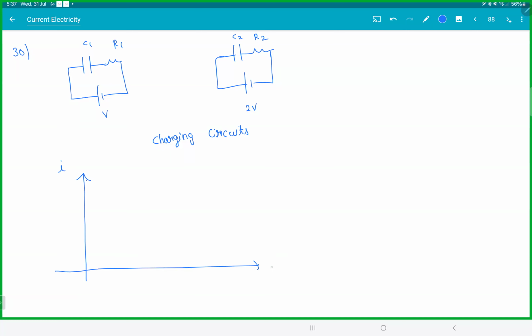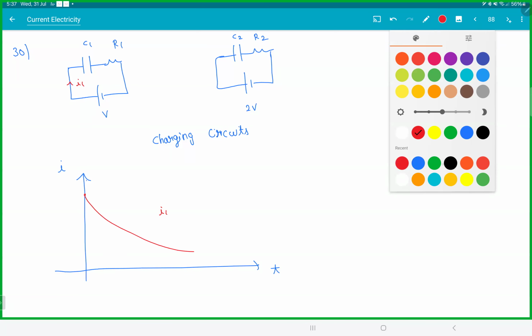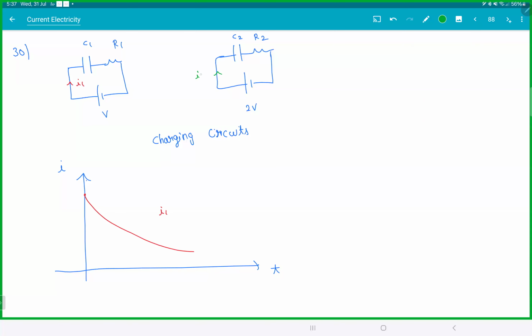This is the current versus time graph. This is the first circuit, I1. This is the second one, I2. So seeing this graph, you need to compare C1, C2, R1, R2.